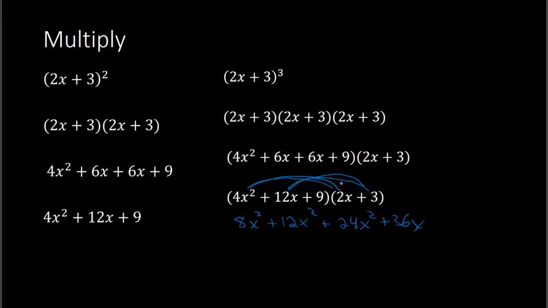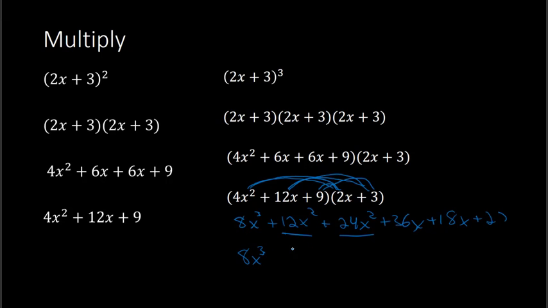And now I finish by distributing the 9 as well. 9 times 2x is 18x, and then 9 times 3 is 27. So now I have this expression right here. And then I can combine like terms. I see 12x squared and 24x squared. So we have 8x cubed.